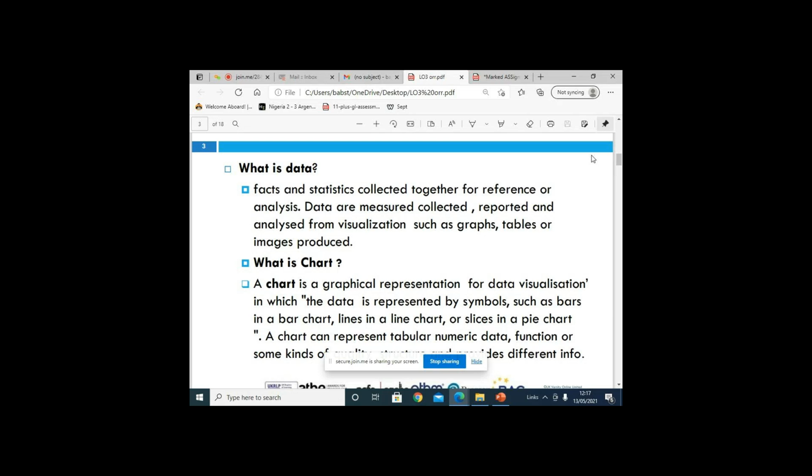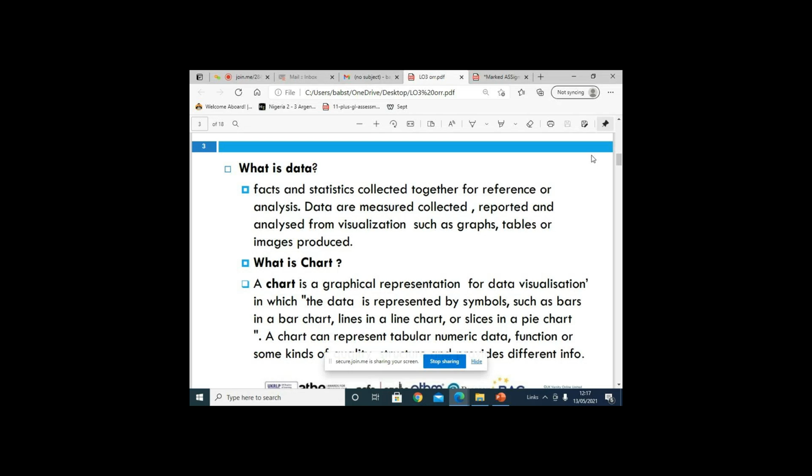Data is facts and statistics collected together for reference or analysis. When you want to carry out an experiment or an analysis, you need data. For example, to be able to predict what will happen or to assess the current situation, you need data.